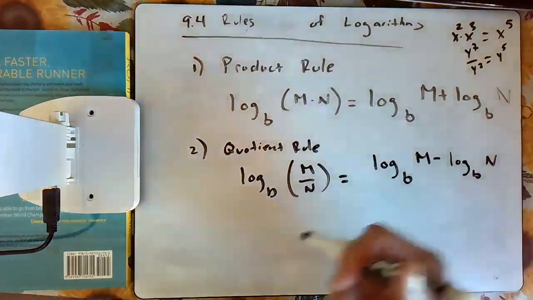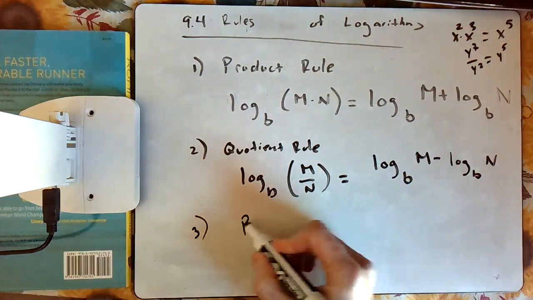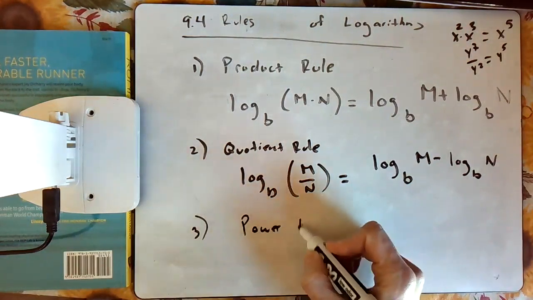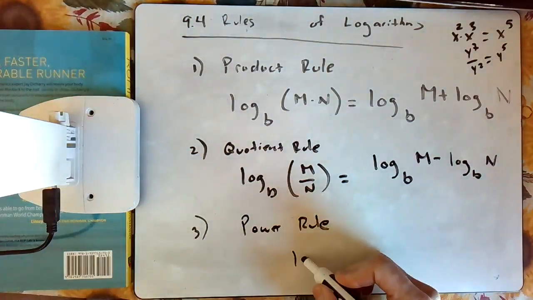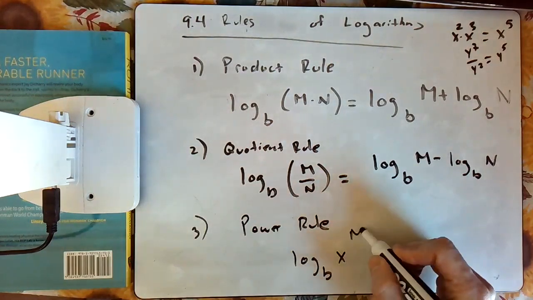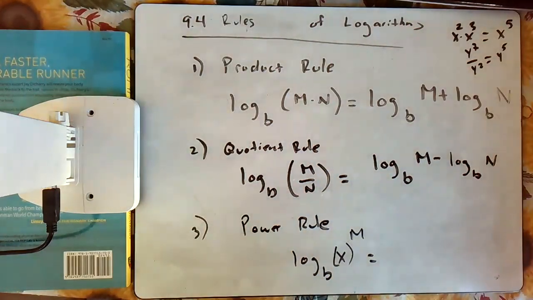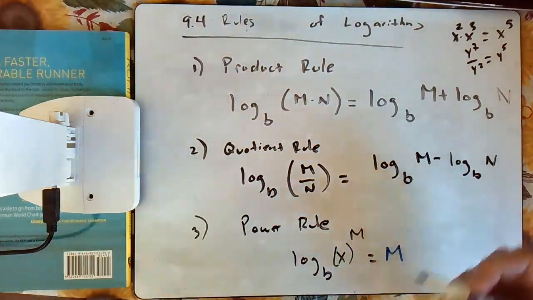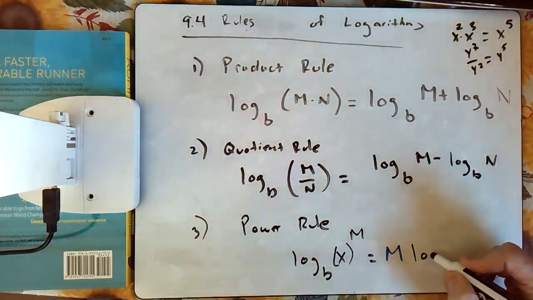So very similar concept. The last rule is called the power rule. Now, what this one says is if I have log base b of x to the mth power, so this x is being raised to the mth, what we can do is we can take that exponent and throw it right out in the front of the log expression.